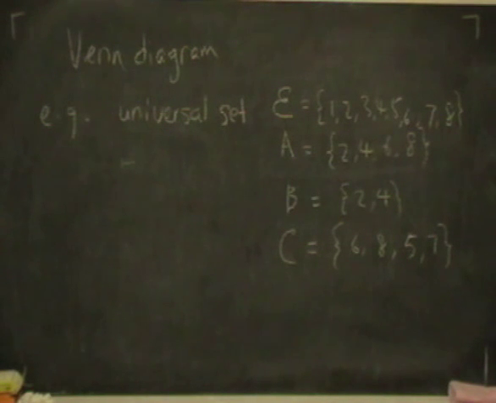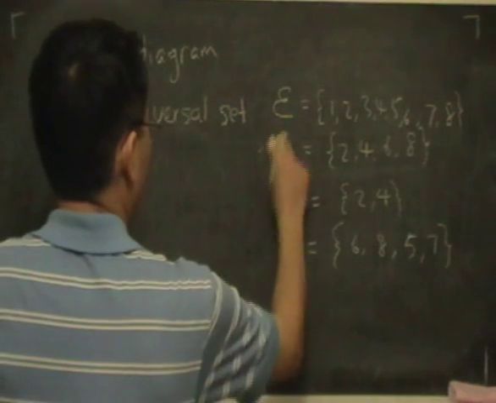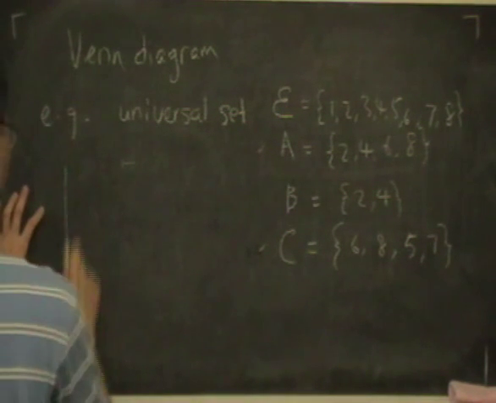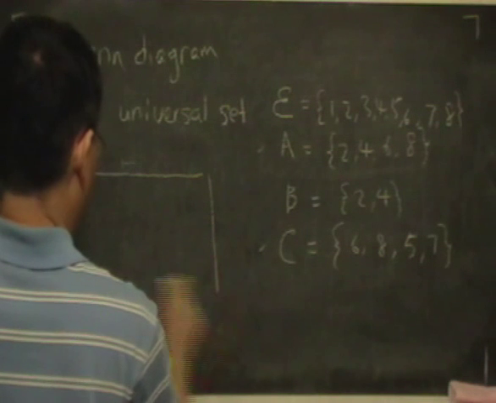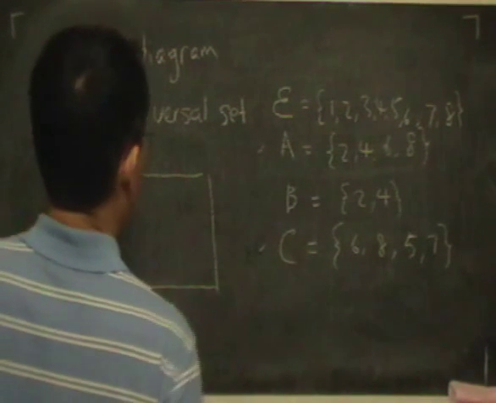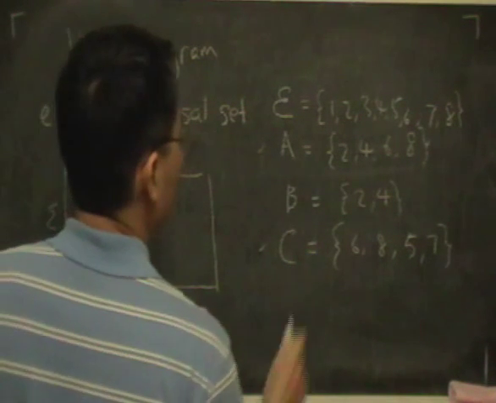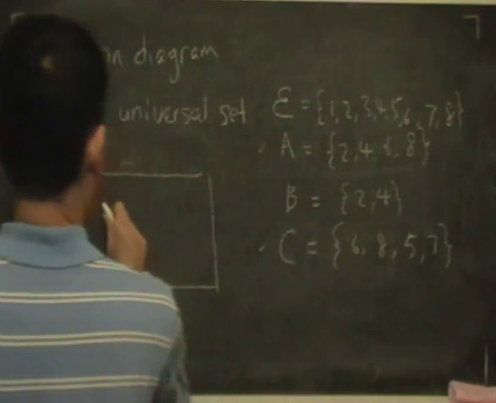So now I want to draw a Venn diagram for A and for C. I have my universal set E. I have the set A.